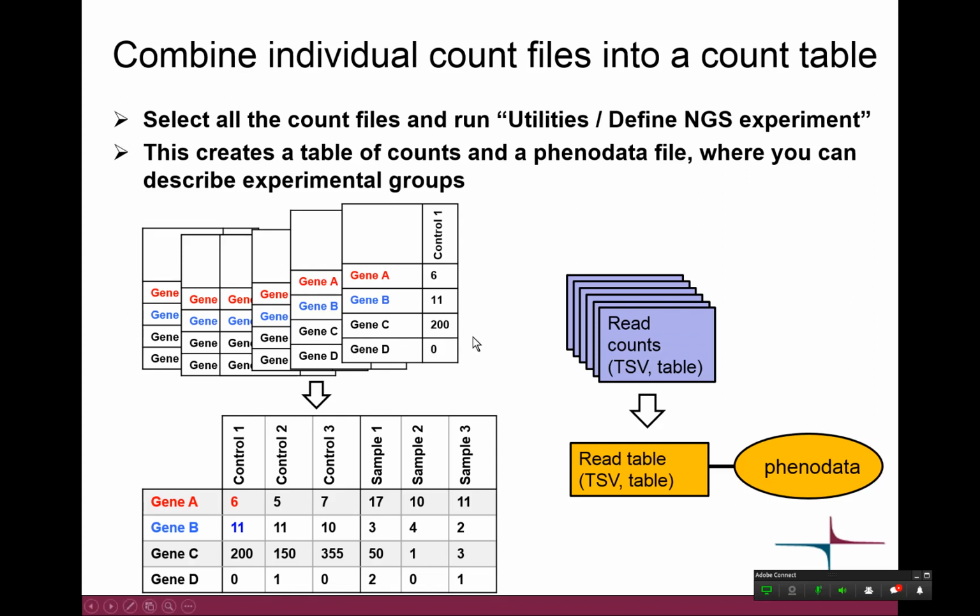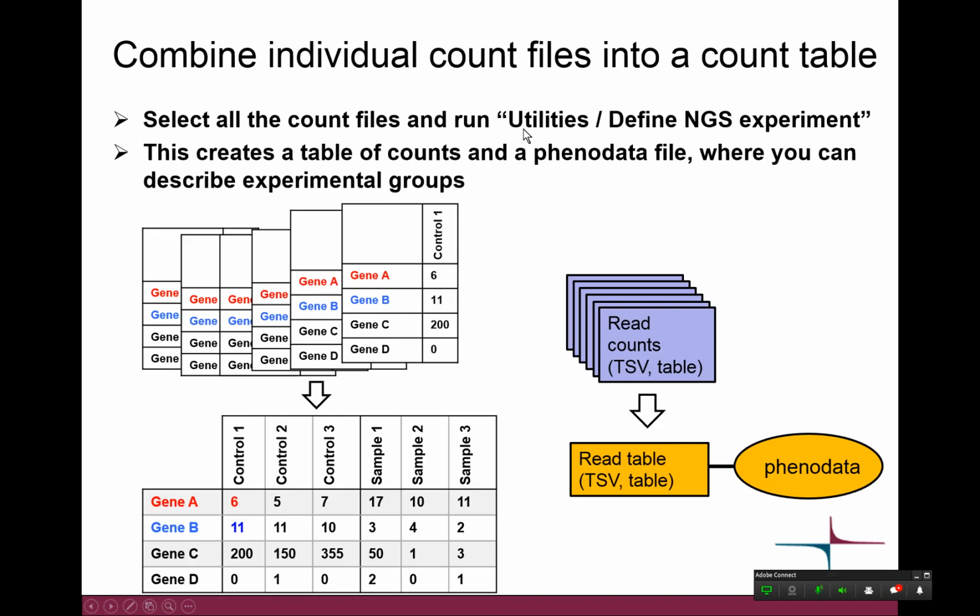Okay, so when the HTSeq tool has been run, as an end result, you have a pile of these files. For each sample, you will have one file listing the number of reads matching each of the genes. The next step is to combine all these individual files into one table like this.